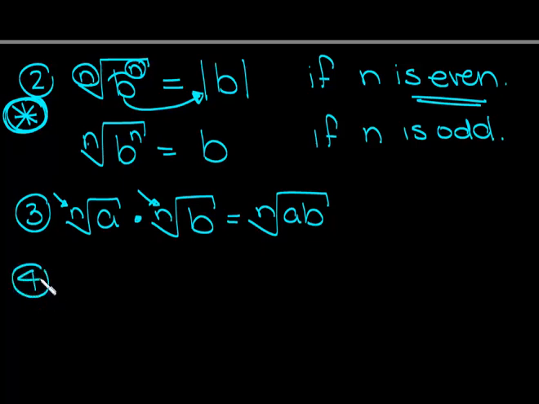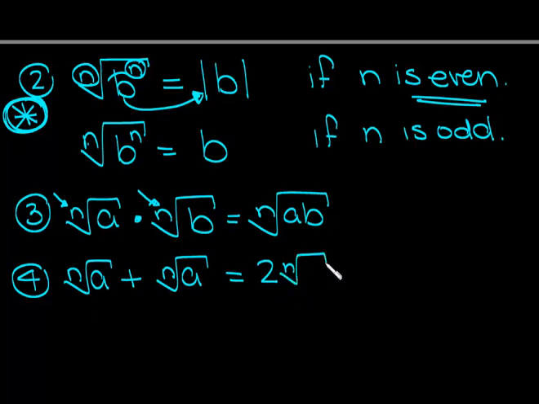The next property of radicals is, let's say you have the nth root of a plus the nth root of a. If you're adding two radicals and they're exactly the same, then you just add them like you add variables.